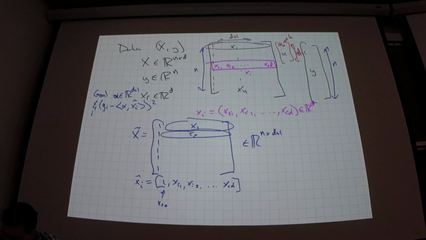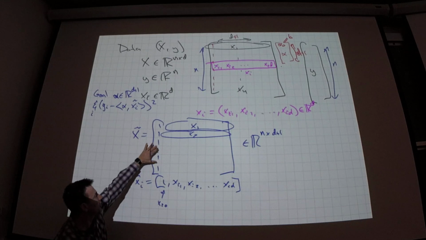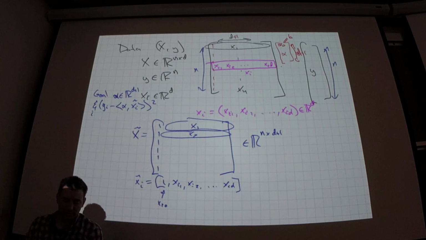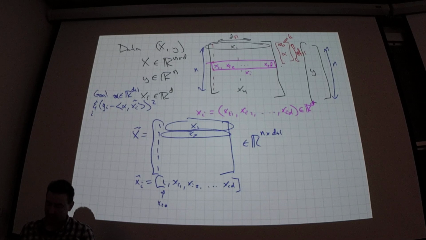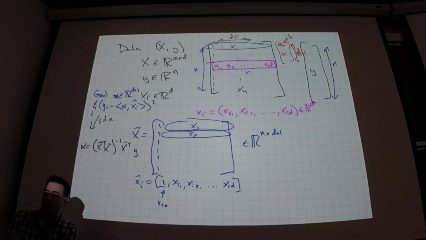Okay, and so this also has a simple closed form solution, and by encoding this 1 in this first column here, it's just a single operation with linear algebra. I can write the solution as alpha equals x tilde transpose x tilde, the inverse of this, times x tilde transpose y.